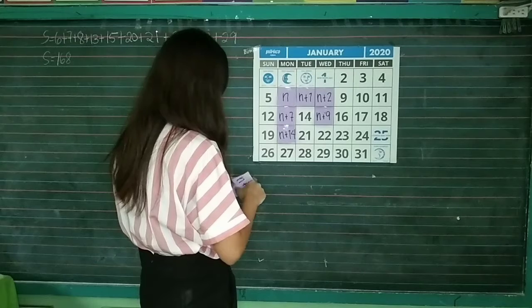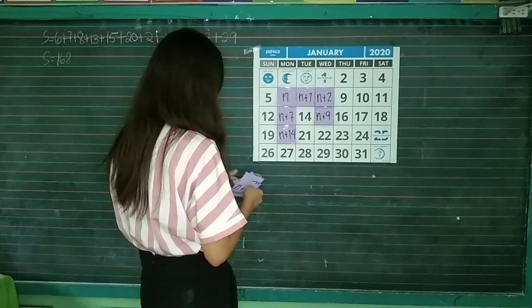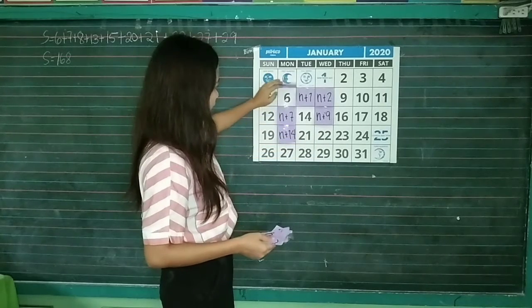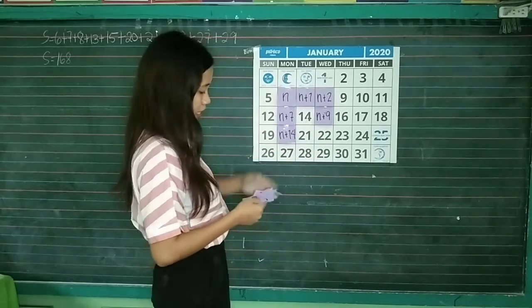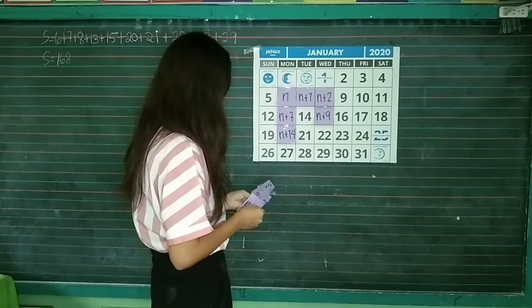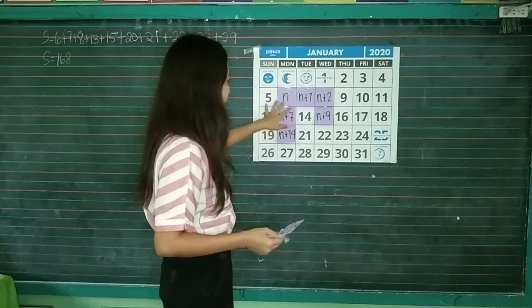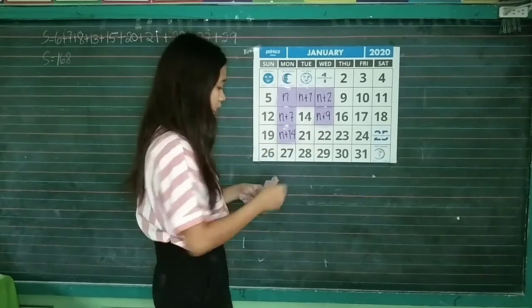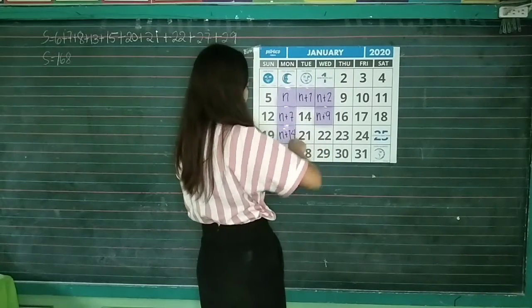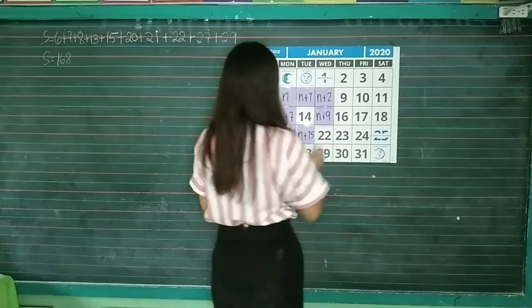Next is 21. 21 minus 6 is 15, so we have n plus 15.